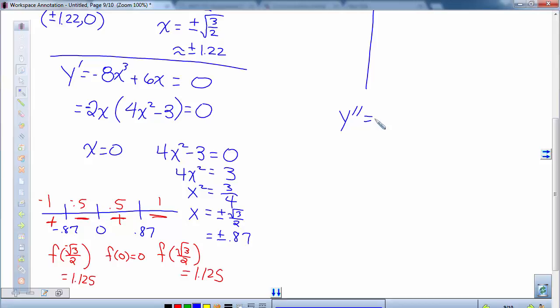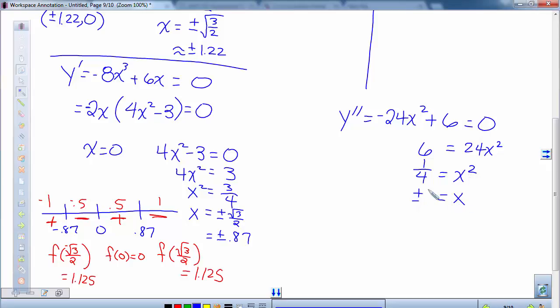And we get minus 24x squared plus 6 equals 0. Or 6 equals 24x squared. 6 divided by 24 is 1/4. So x equals what? Plus minus 1/2.